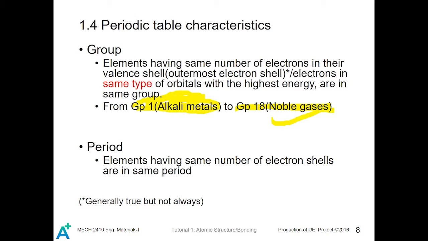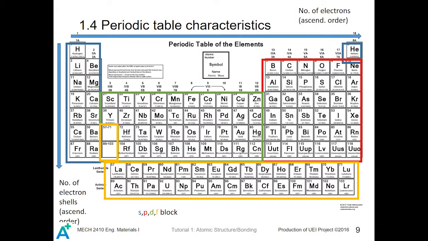Period is basically elements having the same number of electron shells. If you still remember, the number of electron shells is equal to n, the principal quantum number. From the leftmost to the rightmost, the electron number increases because the proton number increases, in ascending order.